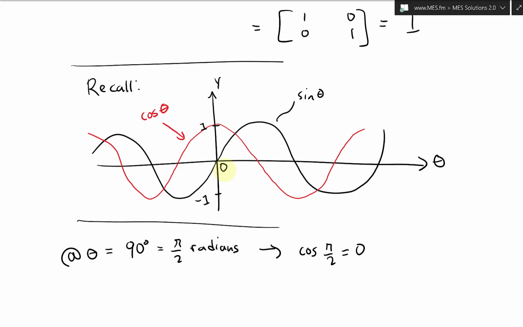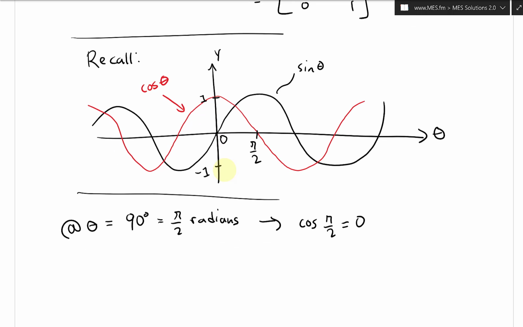That's this value right here, at pi over 2. And then sine pi over 2 equals 1.